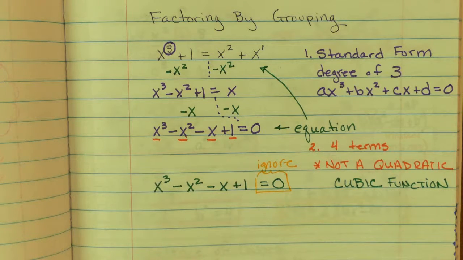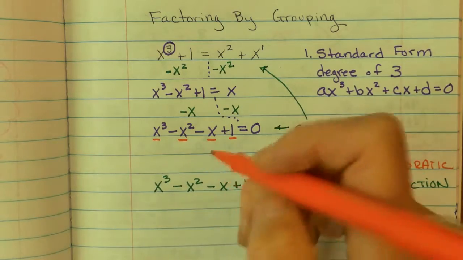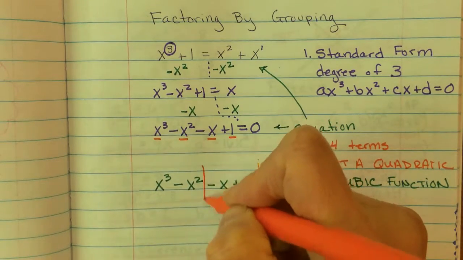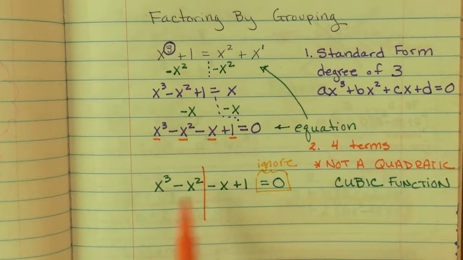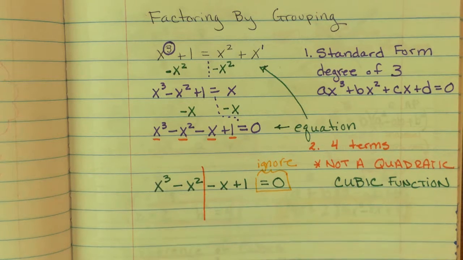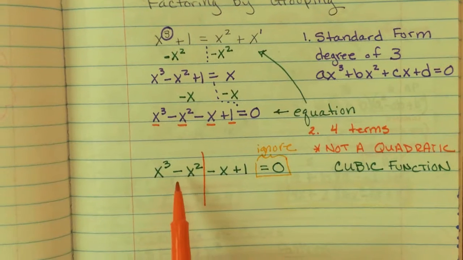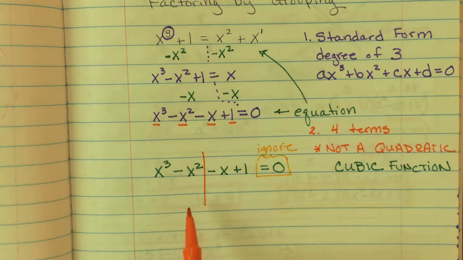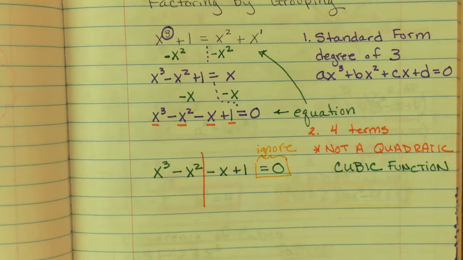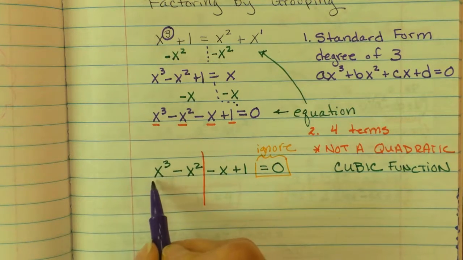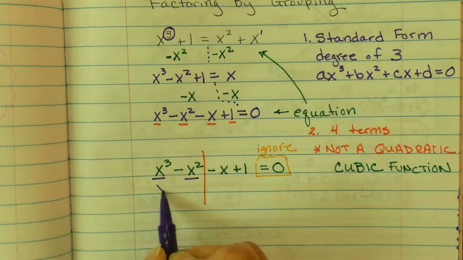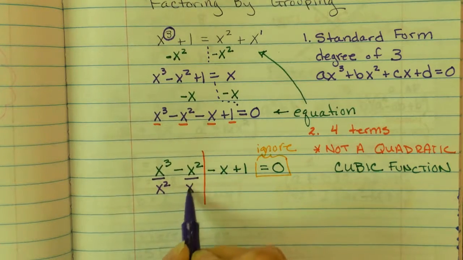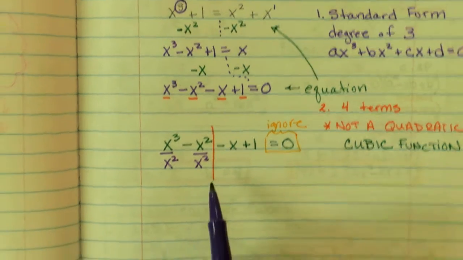If I have 4 terms, the first thing I'm going to do is split it into 2 groups. This should look very familiar to you because it's the same process that we used when we were factoring quadratics. Now I'm going to look on this side. What's the greatest common factor here? Well, the greatest common factor is x squared. Remember, I don't throw anything away.